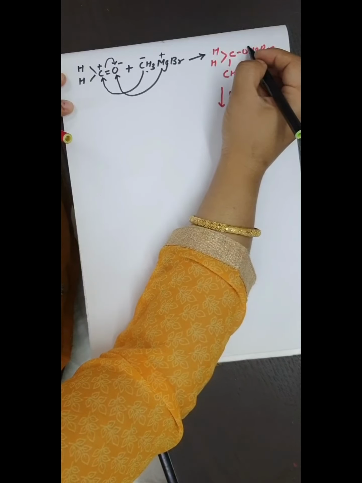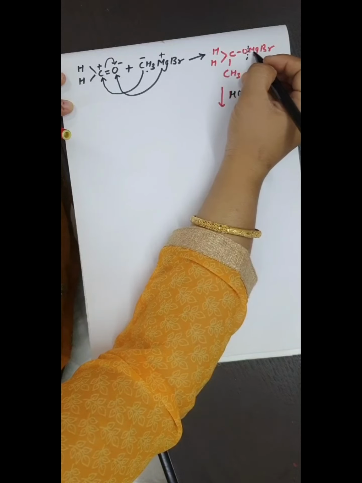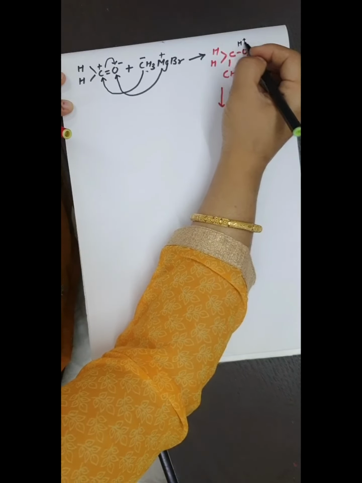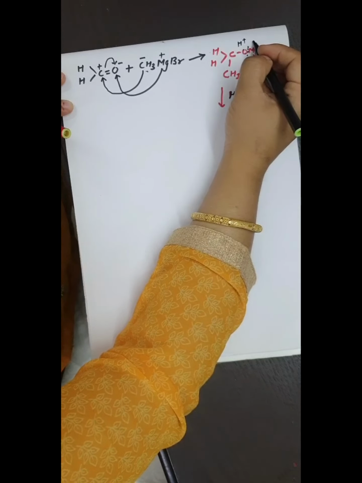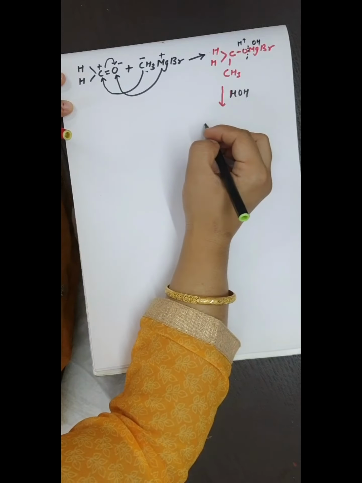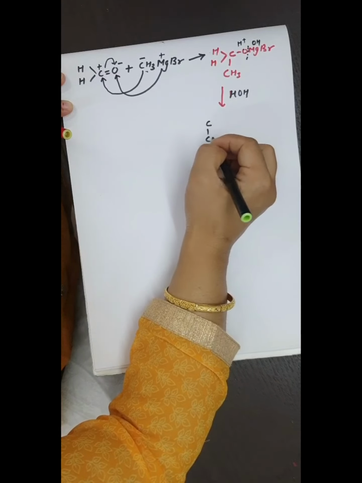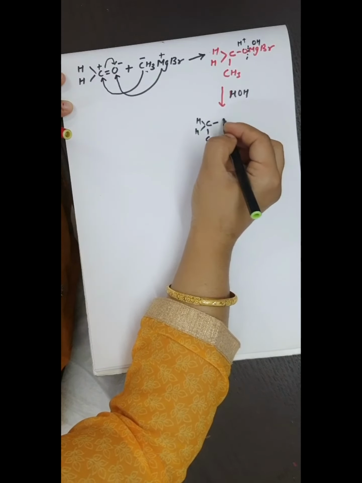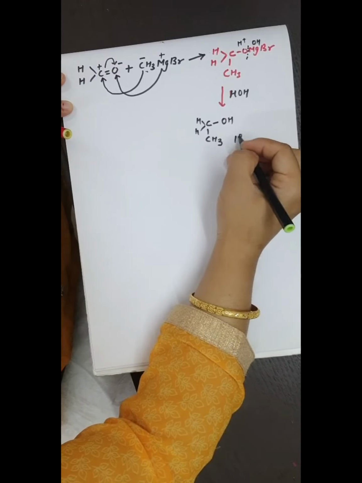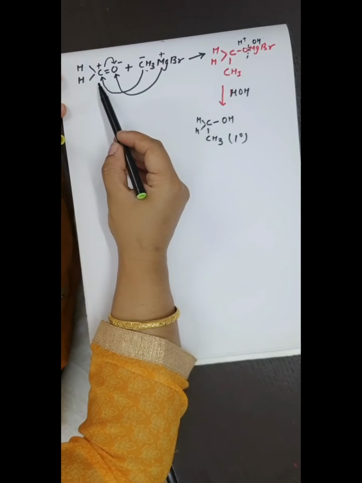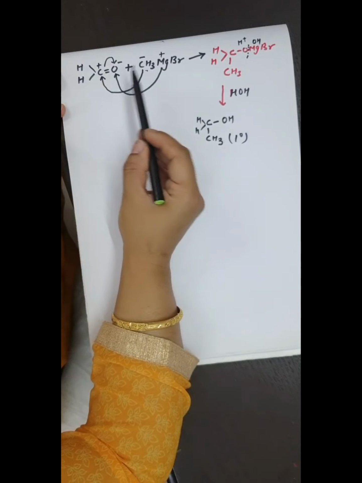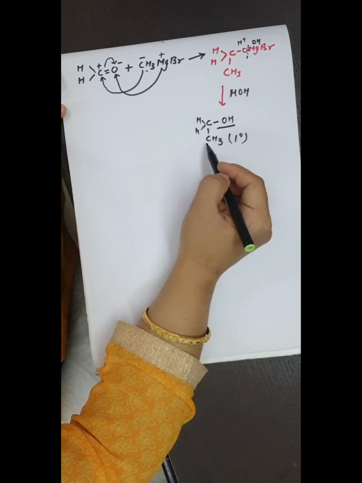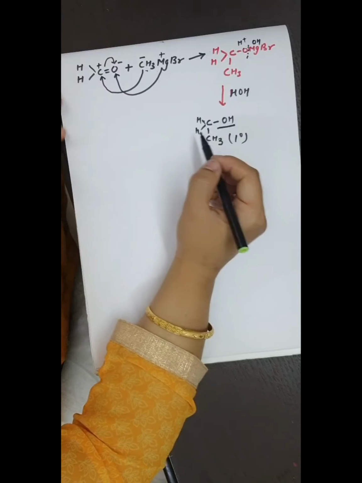In hydrolysis, bond will break between the O and Mg because O possesses negative charge and magnesium possesses positive charge, and product will form CH3CH2OH. This is primary alcohol. So from the reaction between the Grignard reagent and the formaldehyde, we get the primary alcohol CH3CH2OH.